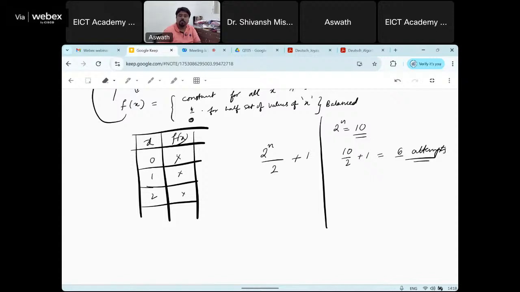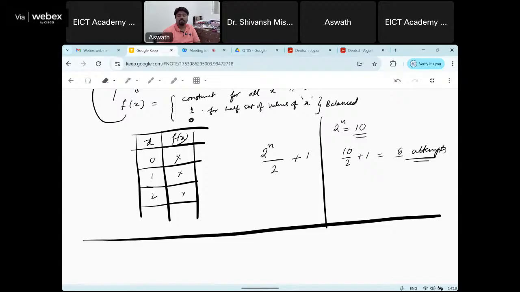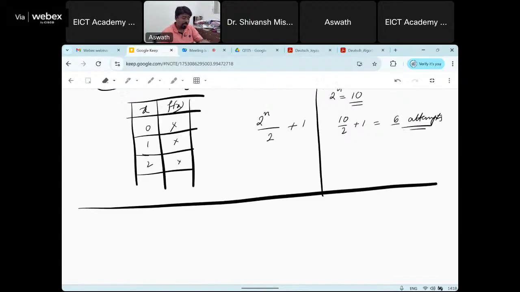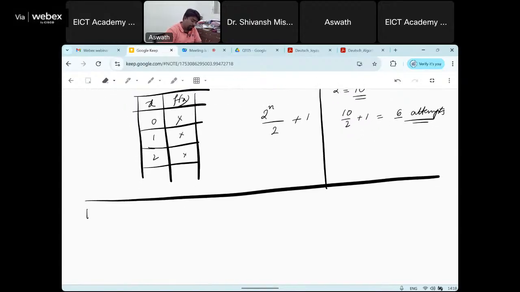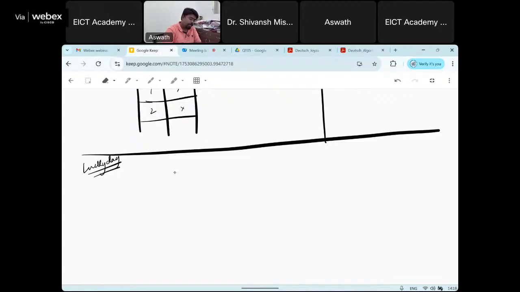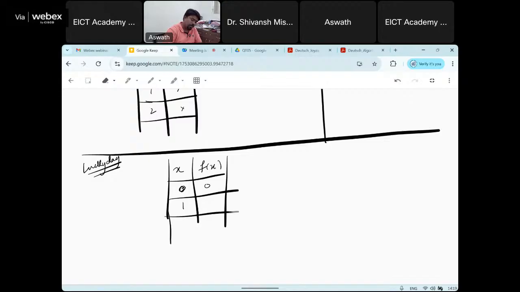That is a maximum. On her lucky day, maybe she may succeed in 1 or 2 attempts. What can happen is, for x equal to the first value she got 0 back. Again she sent a next number, let's say 1, she got 1.